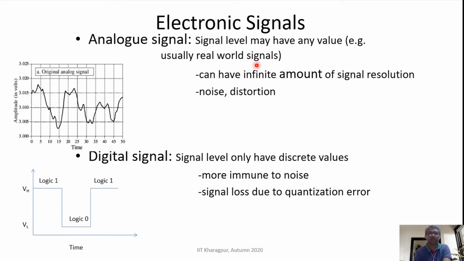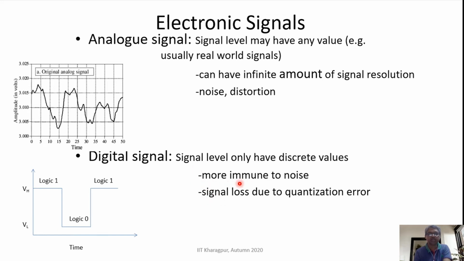So all real world signals, as I said, are analog signals and can have infinite signal resolution, and there will be noise and distortion and so on. What about digital signals? We tend to convert analog signals into digital signals, so that many of the operations can be done more efficiently.